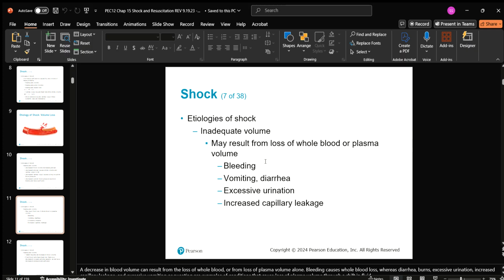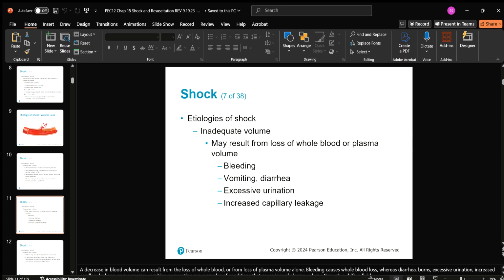So that's where we might have excessive diarrhea or excessive vomiting, okay? And kind of incorporate that with excessive urination. What kind of age group do you think of that might have excessive vomiting, diarrhea, or urination? Our infants, our very young pediatrics.